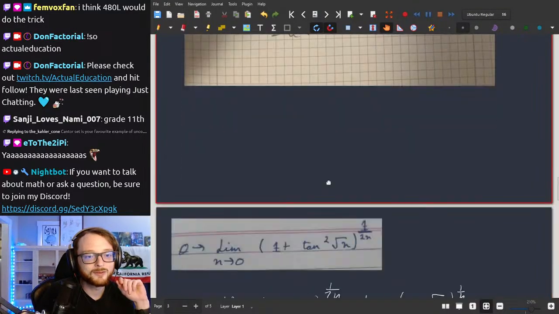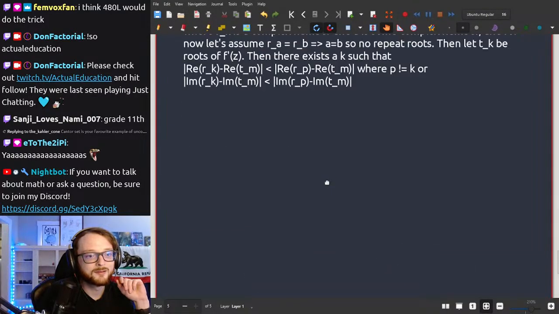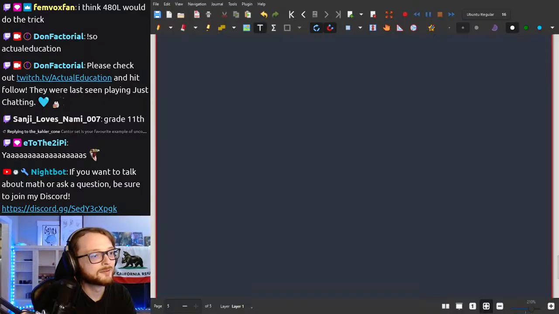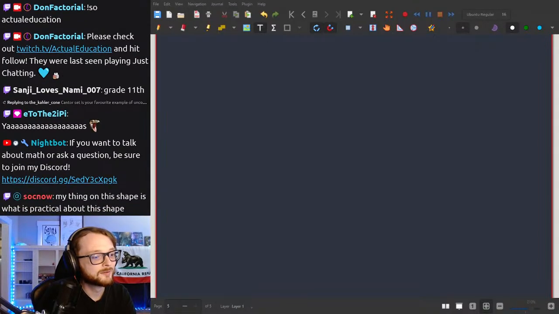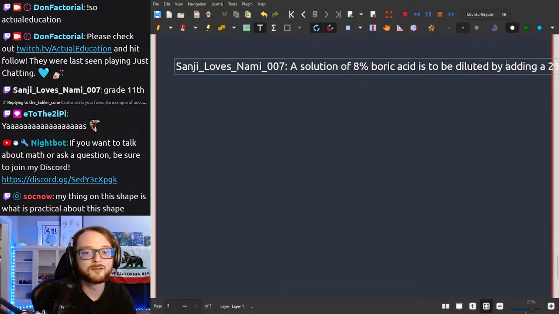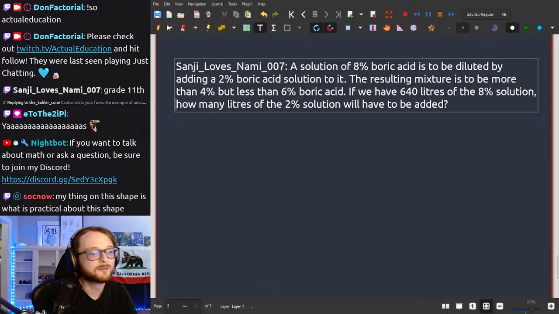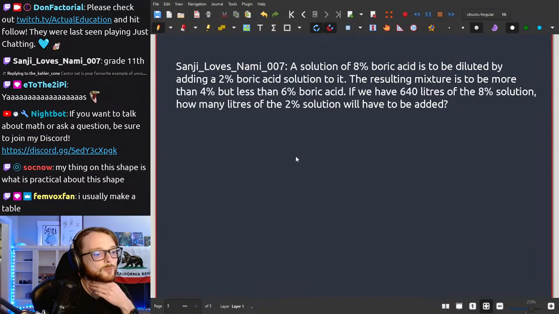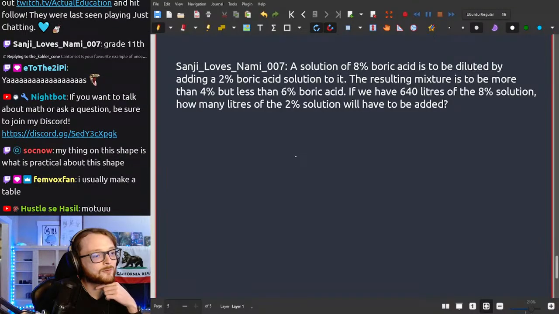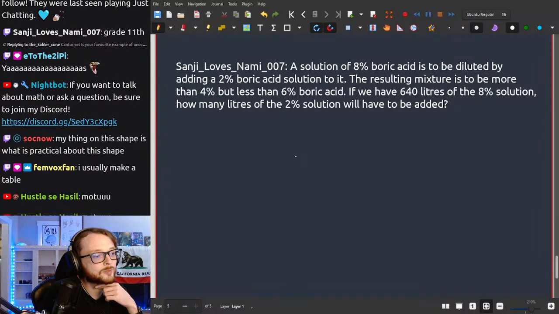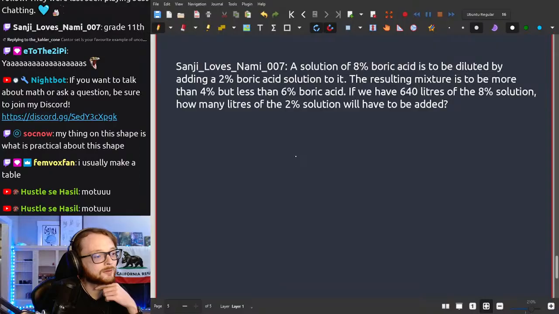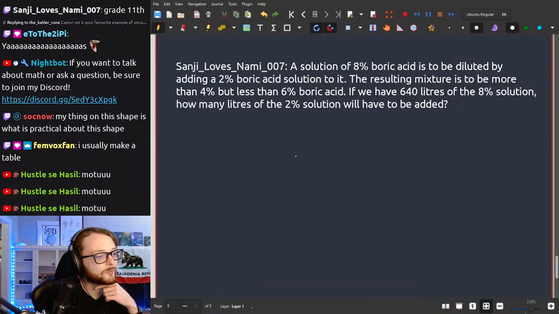Usually make a table. Cantor set is your favorite example of an uncountable set with a zero Lebesgue measure. Okay. Hustle, what are you saying?